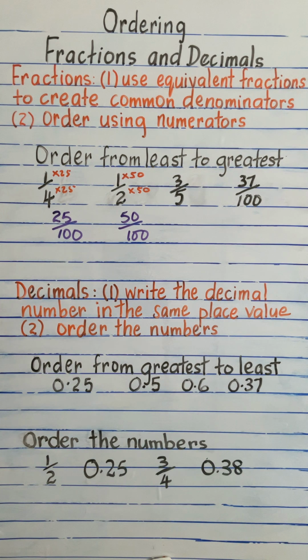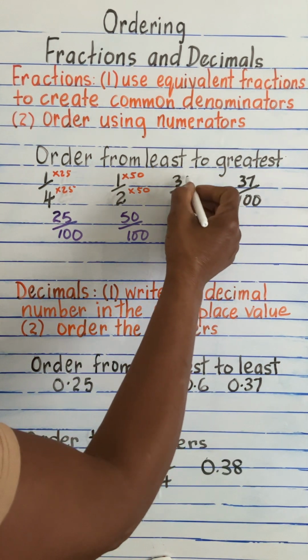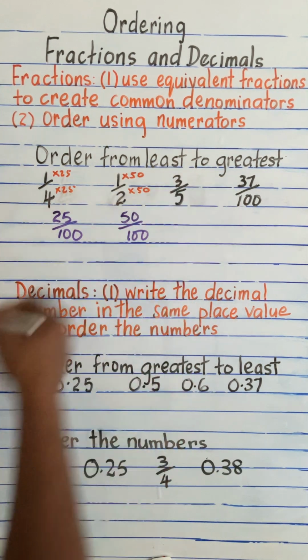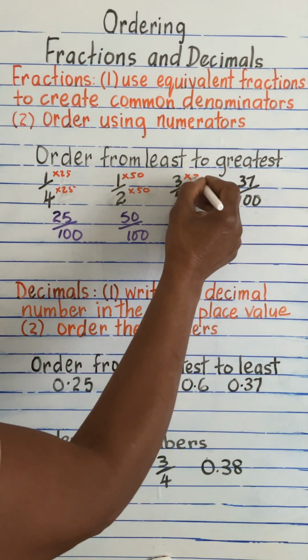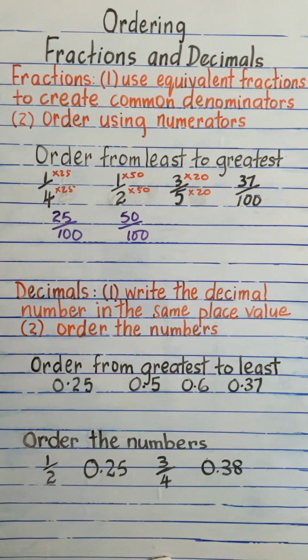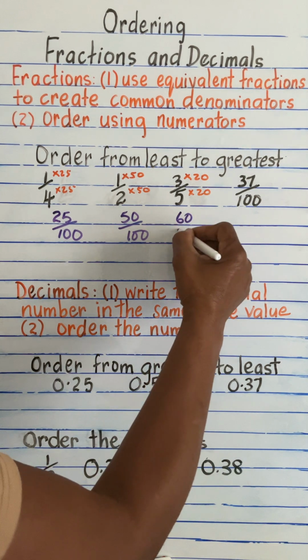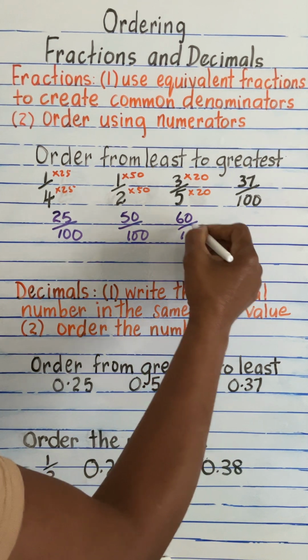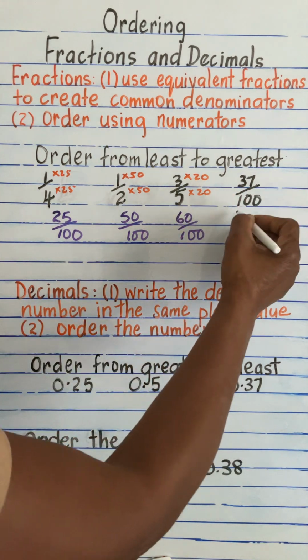That is 20 times. So we multiply by 20. 20 times 3, 60 over 100. 5 times 20, 100. And we have 37 over 100.